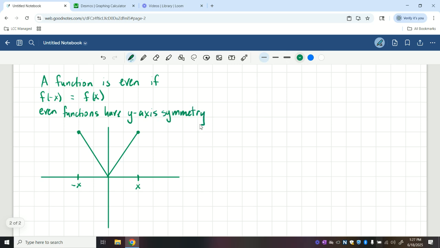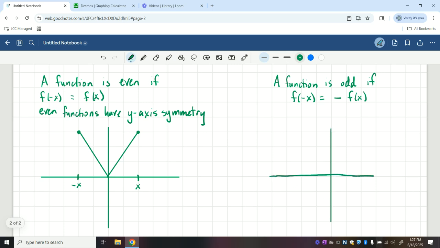Okay, y-axis symmetry. The other one, a function is odd if f of the opposite of x equals the opposite of f of x. So let's see what that's talking about here.